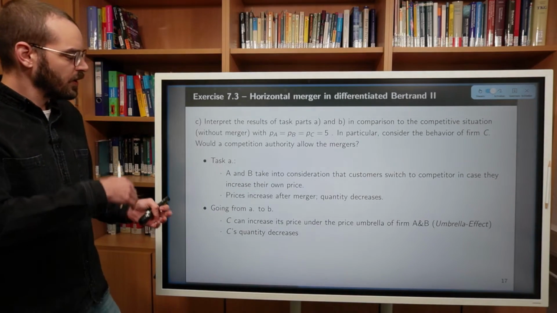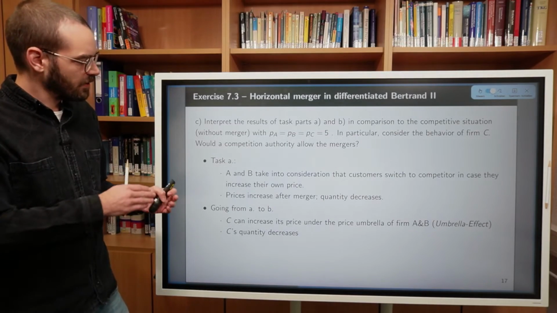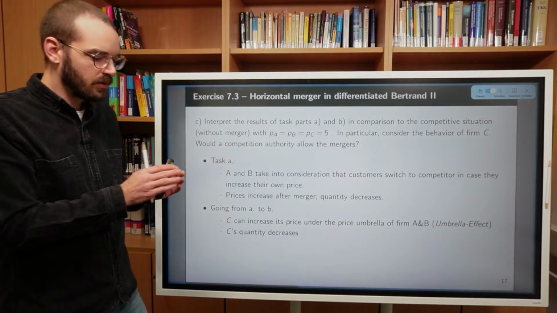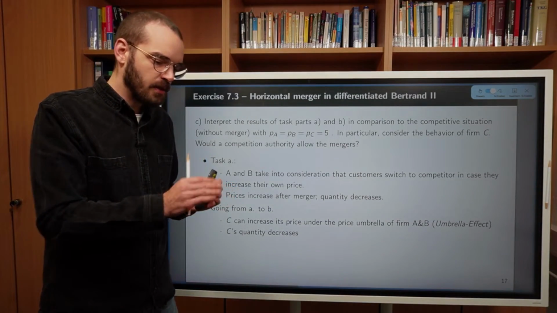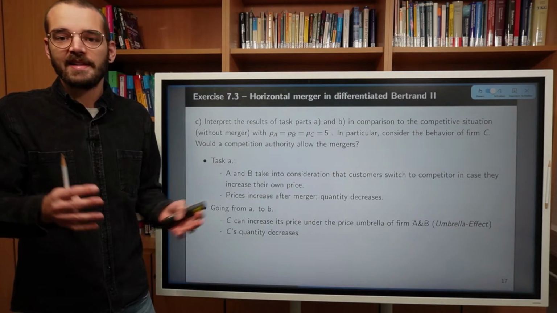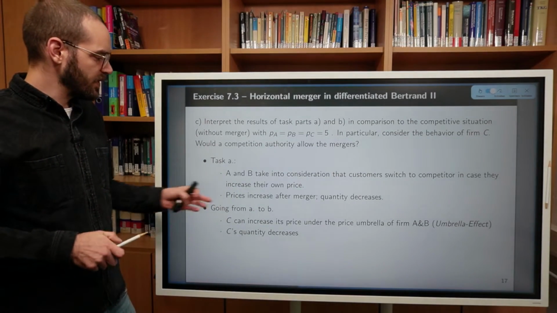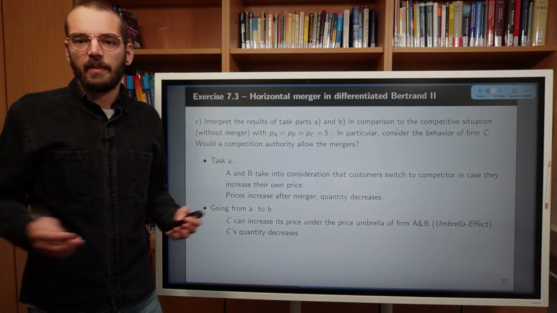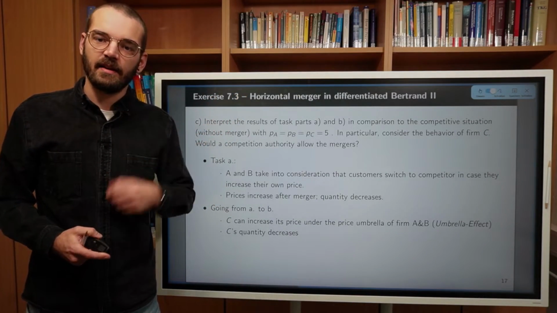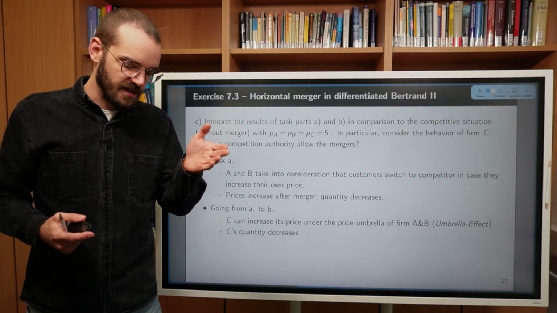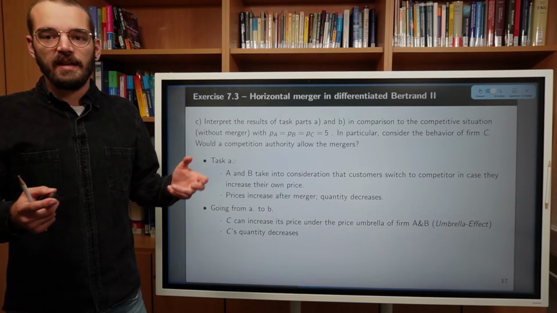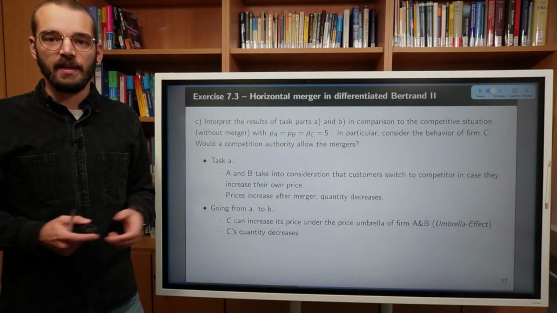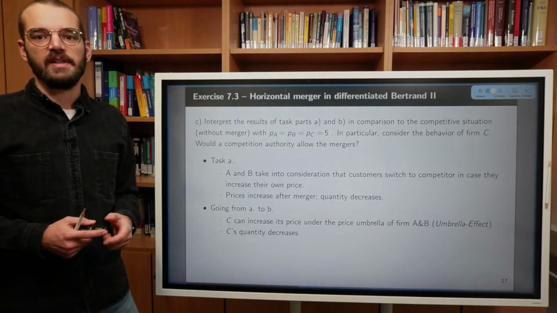So through this merger, simply because there now are only two firms and thereby less competition in the market, we see increasing prices after the merger, and thereby, because we have these declining demand functions, increasing prices imply decreasing quantities.